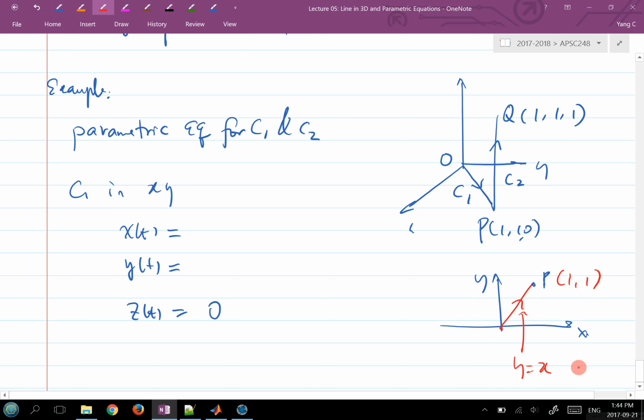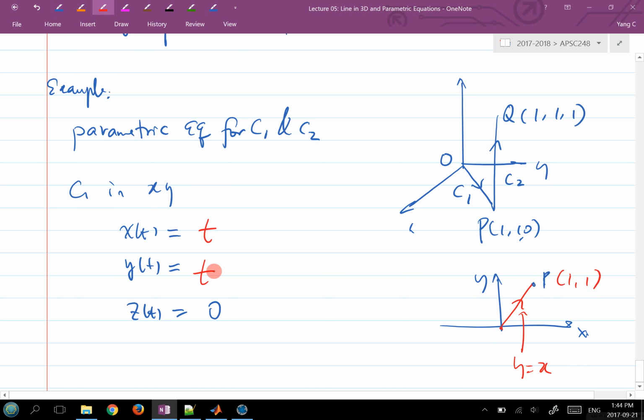It's much easier from here. To derive a parametric equation for y equal to x, maybe x of t equal to t and y of t equal to t.